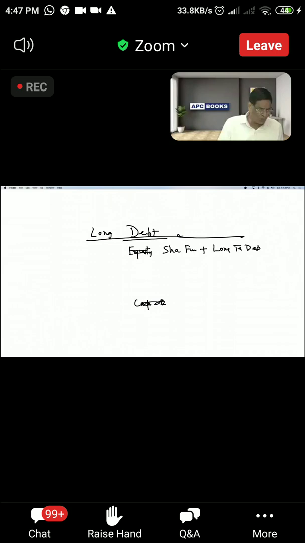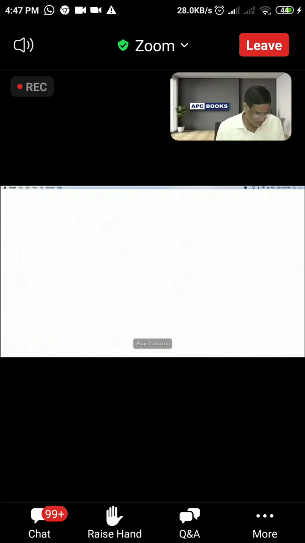Anyhow, we come to the second ratio, and the second ratio is the fixed assets turnover ratio. The formula is given: revenue from operations divided by net fixed assets. Fixed assets include property, plant and equipment, and intangible assets. One thing you know is that Schedule 3 has changed and the term fixed assets is now replaced.